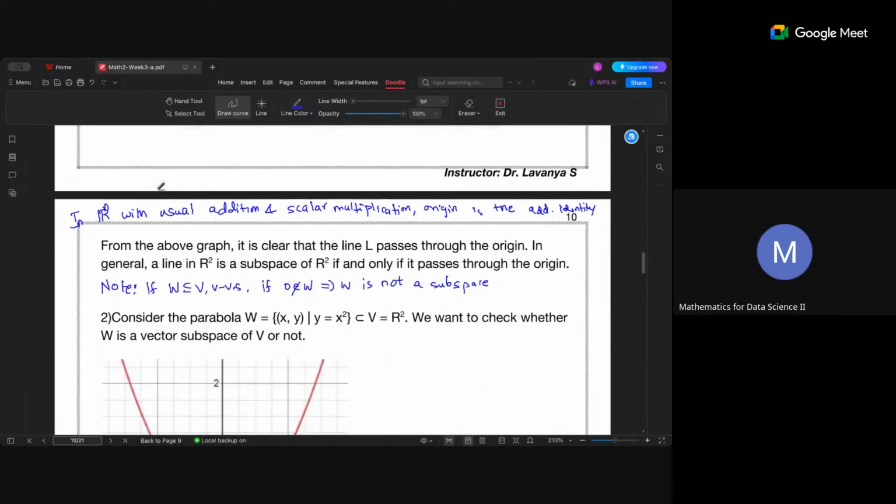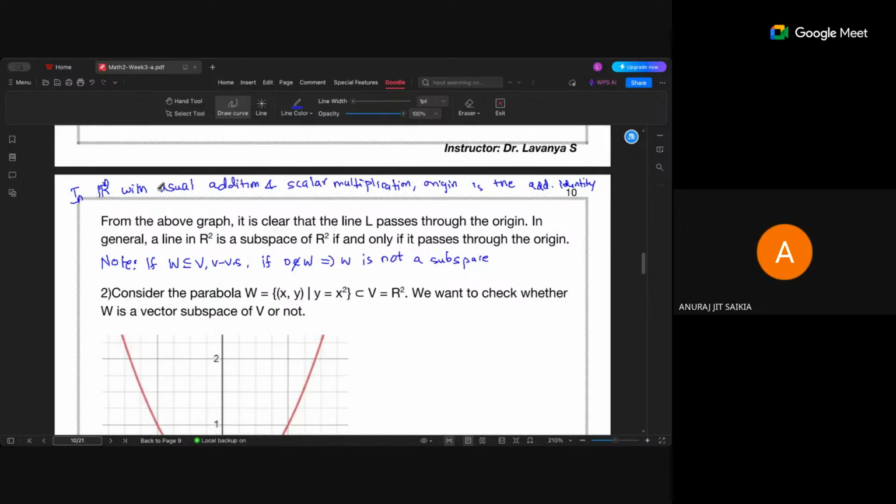So this is a shortcut to check whether something is not a subspace. Okay, ma'am. So if we want to prove something, we should check the two properties, and to disprove a subspace, we can use the eight properties of the vector space. See, usually we don't go back to the 8 properties for a subspace.